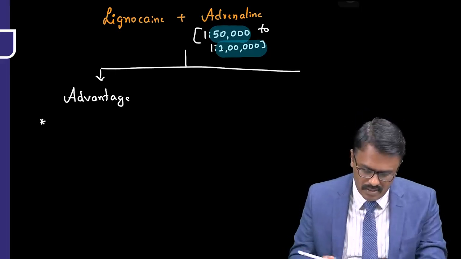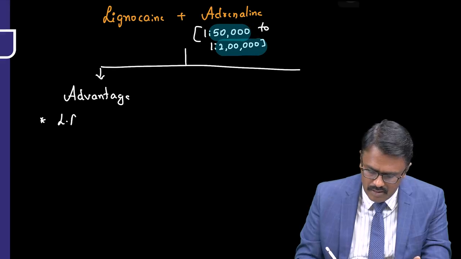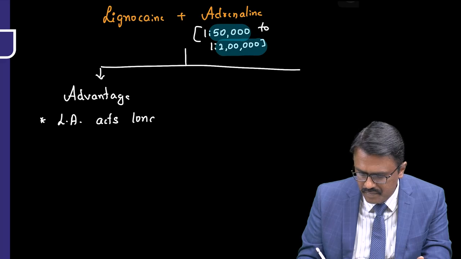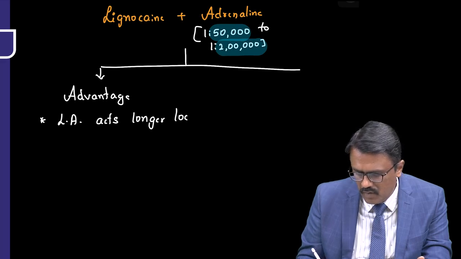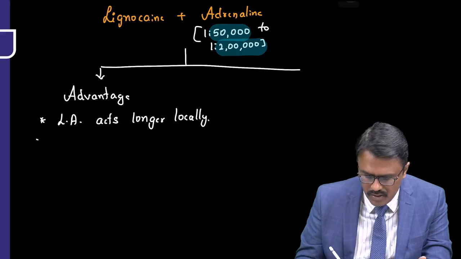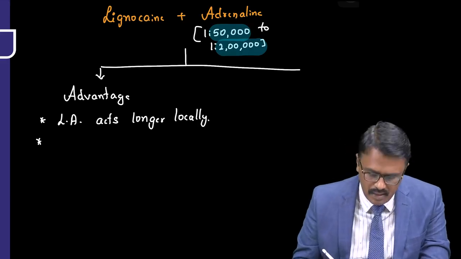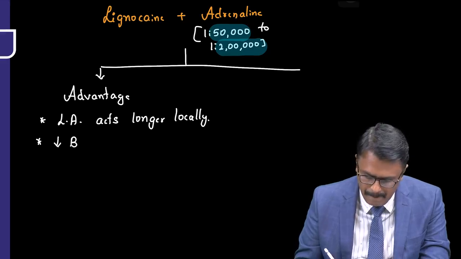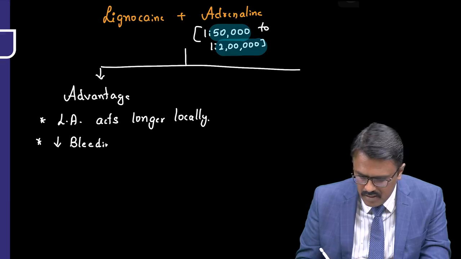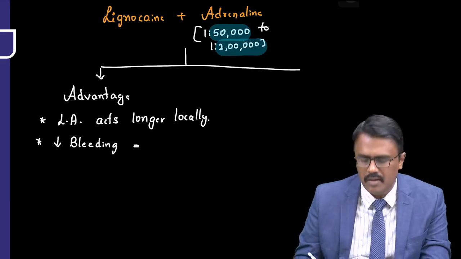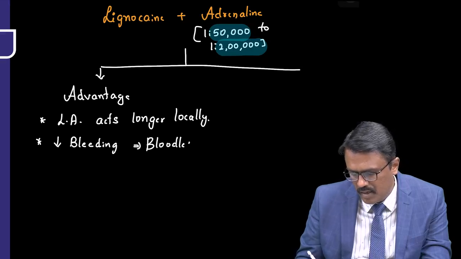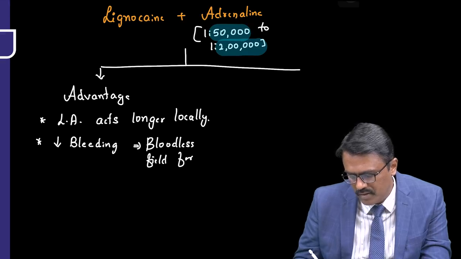So local anesthesia acts longer locally, so you can do the surgery and you will have decreased bleeding because of the vasoconstrictor, so you will have a bloodless field for surgery. Very good.